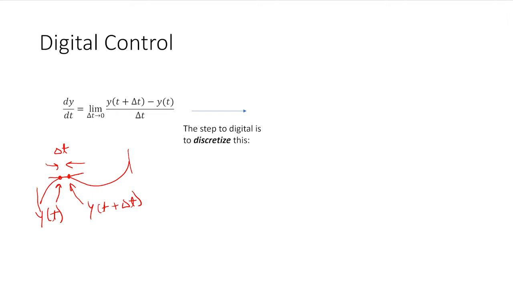Effectively, delta t can only be as small as it needs to be. I know you guys don't like me saying that kind of stuff, but in other words, I need to think about how small to make it. I can't just make it arbitrarily small, and we'll see some examples as we go through today.